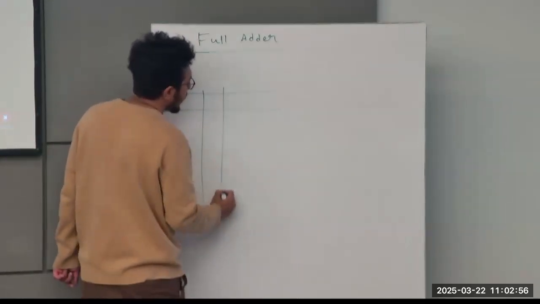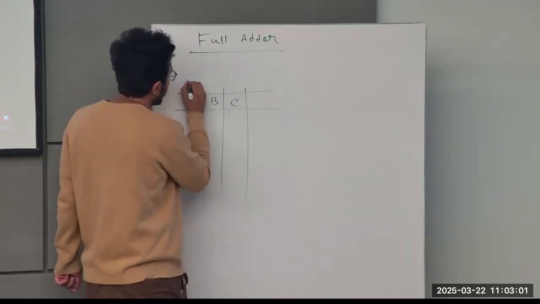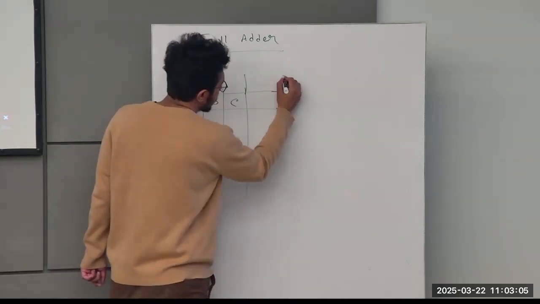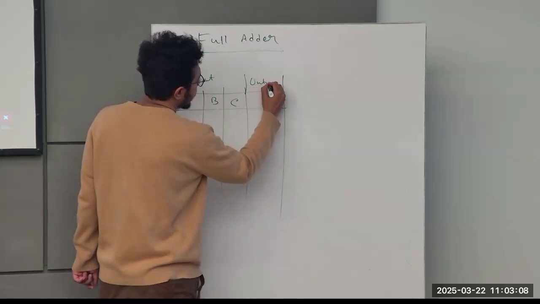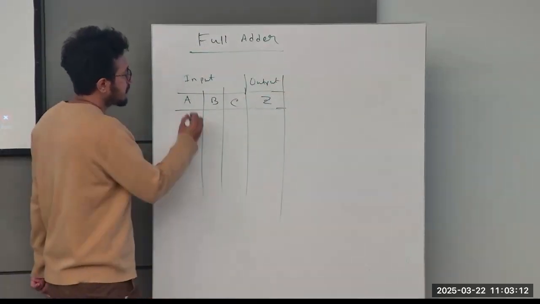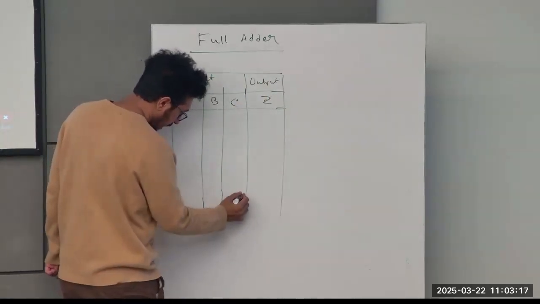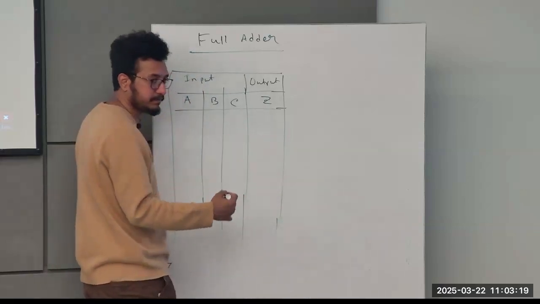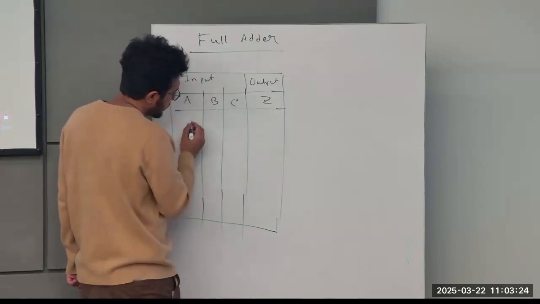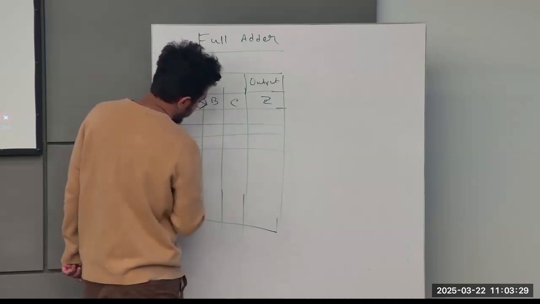Let's say we have a truth table like this. We have inputs A, B, C, and we have only one output, let's say Z. I'm not going to the full adder yet. I'm just showing you if I have a truth table, how I write the function. Since I have 3 inputs here, we will have 8 rows.